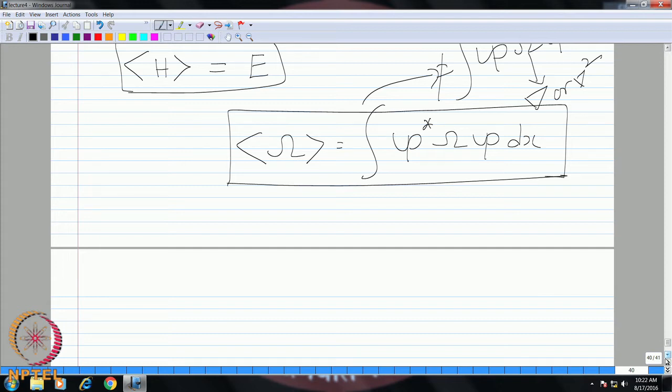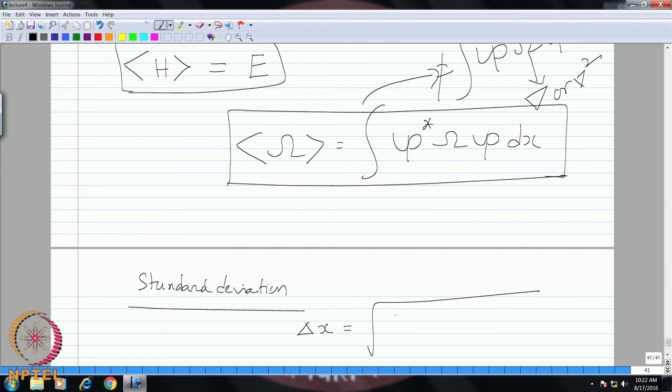So, for example, if you look at the definition of standard deviation, in the real world the standard deviation is the indicator of uncertainty, right. So, how do we define it? For example, the standard deviation in some quantity x, how do we define it?